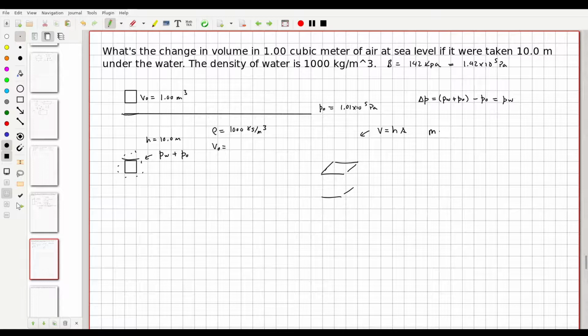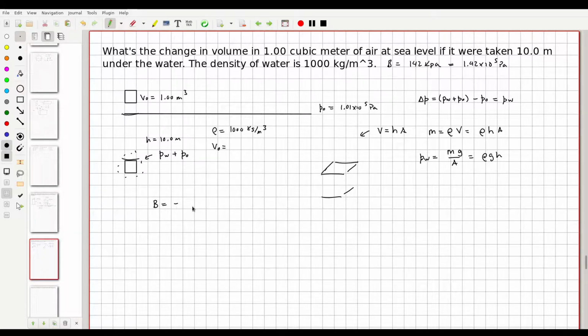So the mass of the water that's sitting above us is just like before, its density times its volume, or density times the height of that column times the area. Which means, if you think about it from that standpoint, the pressure of the water is mg over the area, or once again, rho gh.